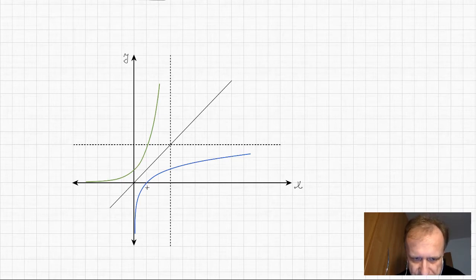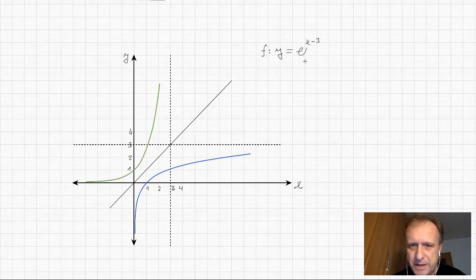We have numbers 1, 2, 3, 4, and so on. Now I need to sketch the graph first of the function f, which is y equals e to the power of x minus 3.